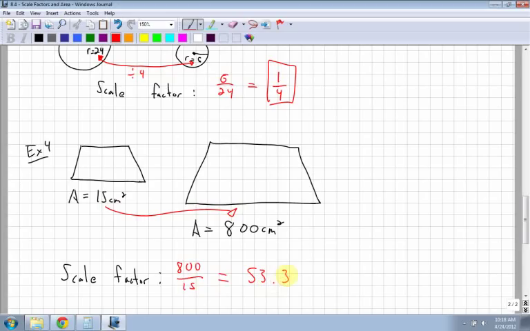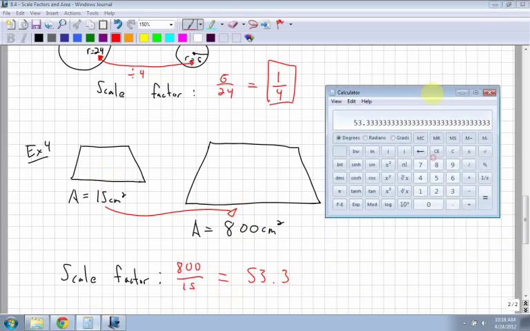Is that my enlargement though? Because I'm dealing with area, right? So when I'm dealing with area, remember that it's that value squared. I don't know what the side lengths are, but I know it's that value squared. So in order to find the actual scale factor, I'm going to have to take the square root, which is 7.3.